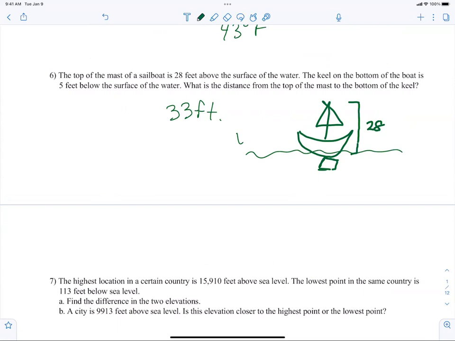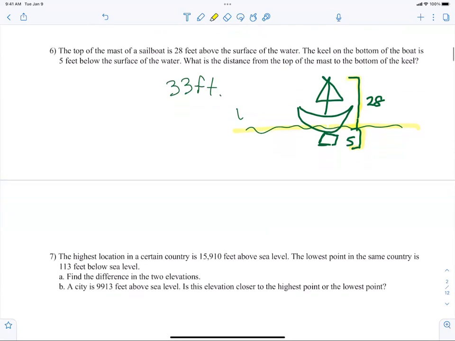And it's 5 feet below. Now do you see it? The key is understanding above and below. This is basically like a mountain, above sea level, below sea level. All right, I'm pretty happy with that. Good job. Anybody have any questions?